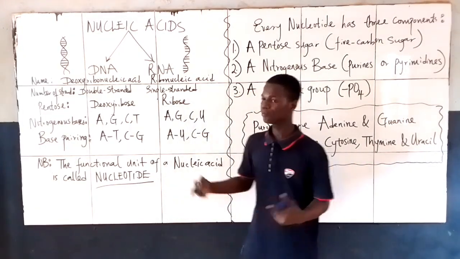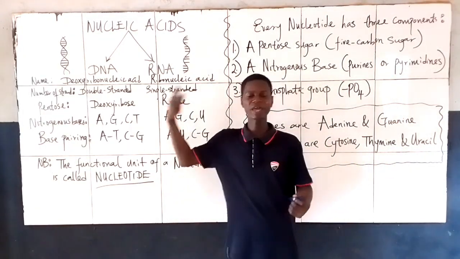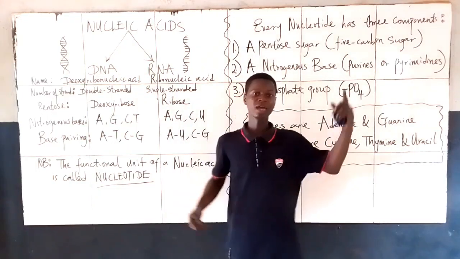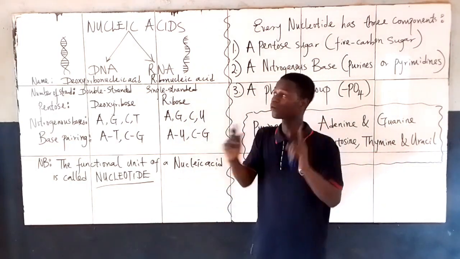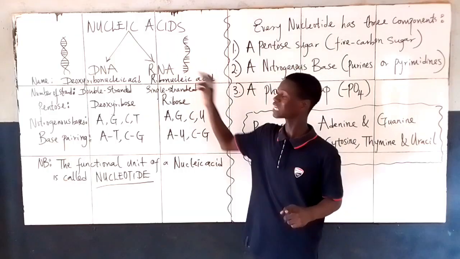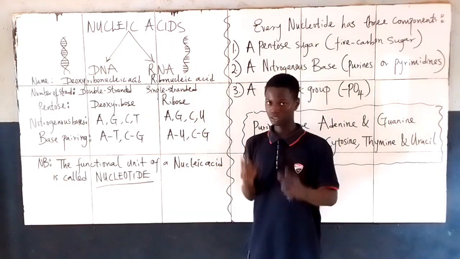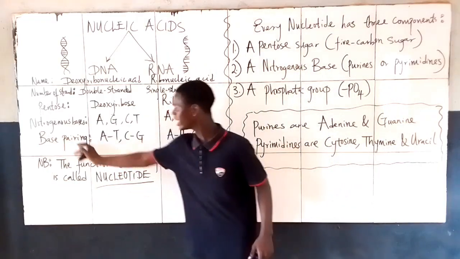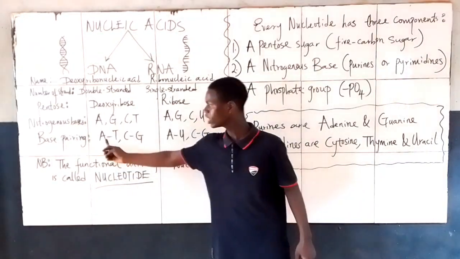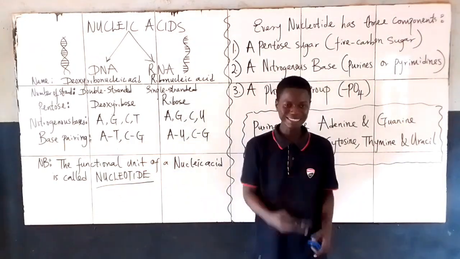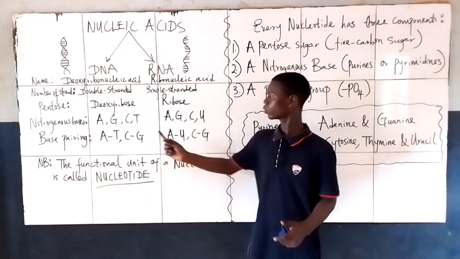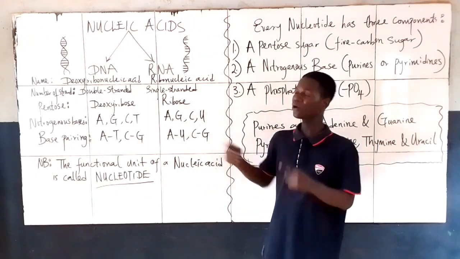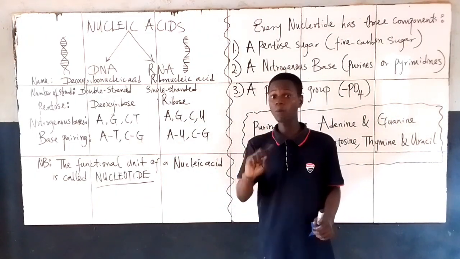Now moving on, what are the base pairings? Which base pairs to which base in DNA, and which base pairs do you have in RNA if there was ever going to be a pair? Because RNA originally is single-stranded. For DNA, the base pair is that A will bond to T, that is adenine will bond to thymine, while cytosine will bond to guanine. Now for RNA, normally there is no base pairing.